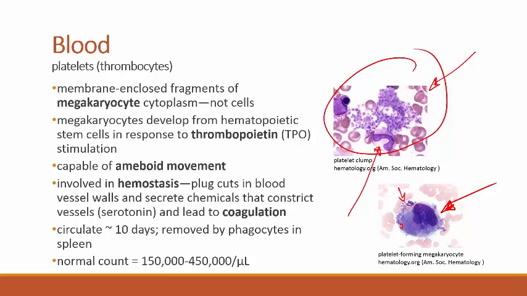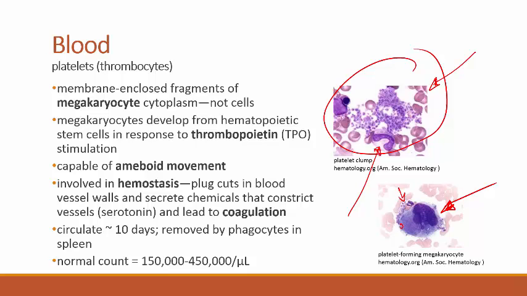Platelets are capable of amoeboid motion, so they can crawl around like little amoebae, and their function is in hemostasis, in stopping the loss of blood from a cut blood vessel. So these platelet clumps will form. If there is a cut, a vessel gets broken, then the platelets respond by becoming really, really sticky.